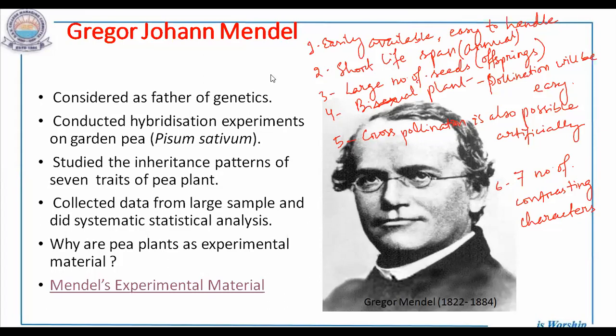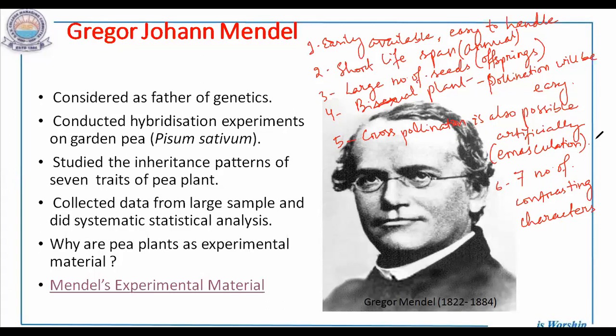Okay. Do you remember about emasculation, bagging? Yes, ma'am. So this cross pollination is possible through emasculation, where what is done? The unwanted pollens or the unwanted anthers are removed, and then onto the stigma, the pollens of another flower are pollinated, called emasculation.